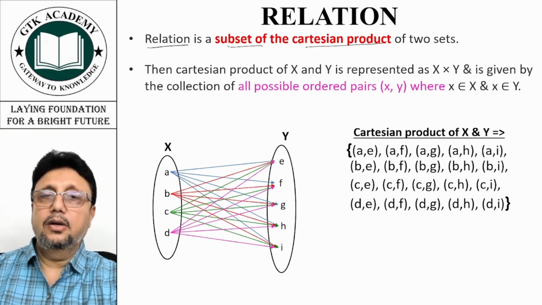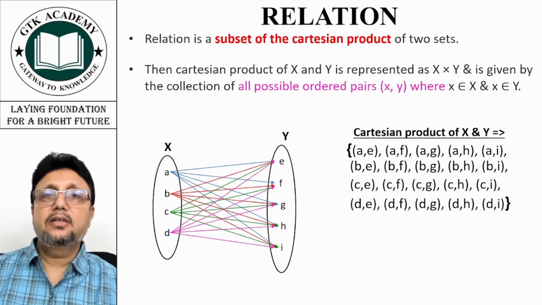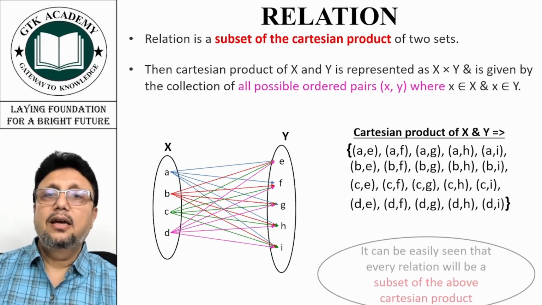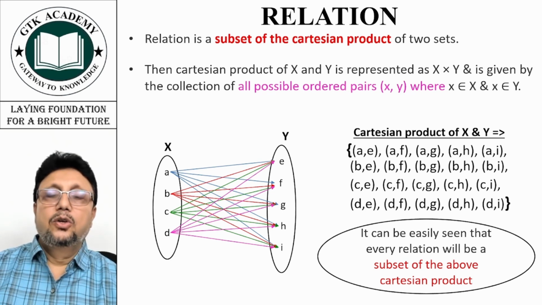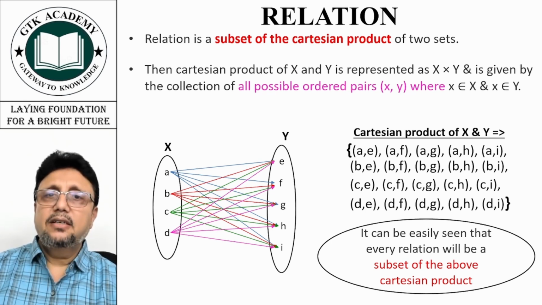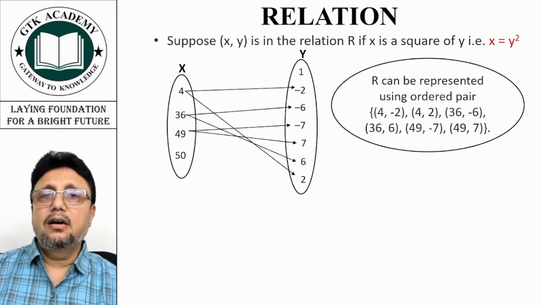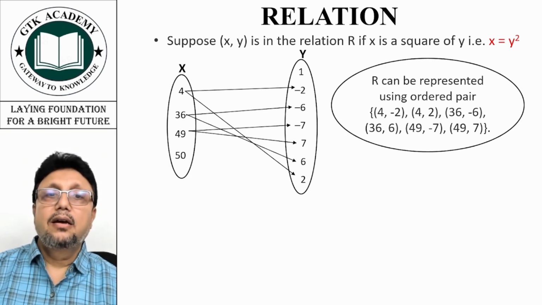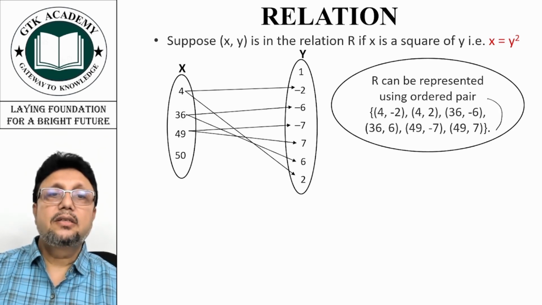Now let me explain it with an example, although I think most of you must be clear with this, but still. This is the example which we discussed 2 minutes back. Here, the relation is these ordered pairs.